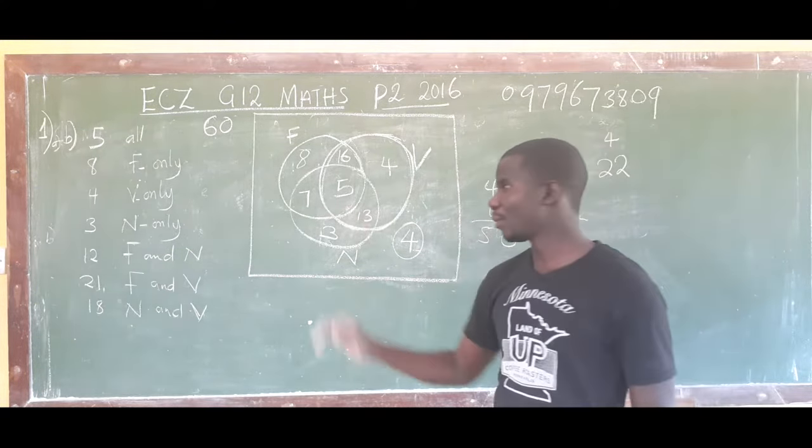Our 9 is here. We need just to go up to 9. As you can see, the biggest number is 9. This is our 7, this is our 5 here, our 4, our 3, our 2, and our 1. Okay, that is 1 centimeter.